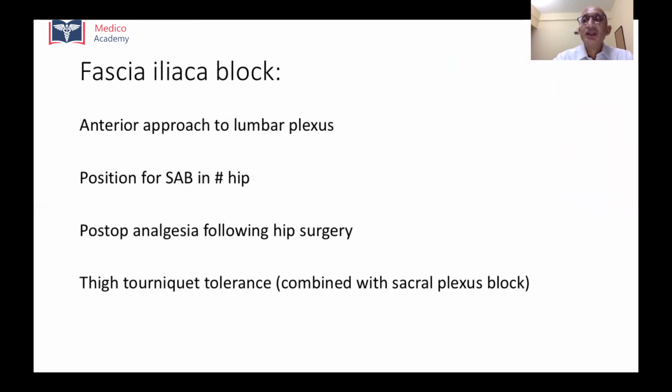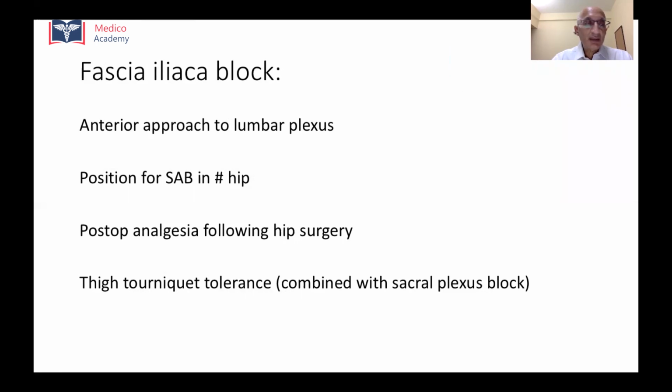Fascia iliaca block is a modification of the same, and it was described as yet another anterior approach to lumbar plexus. It has been used to position patients for spinal block, patients with hip fractures who would otherwise find it difficult to turn or sit up.